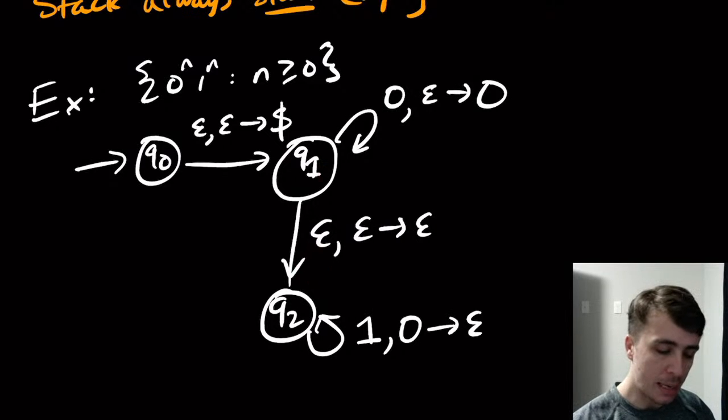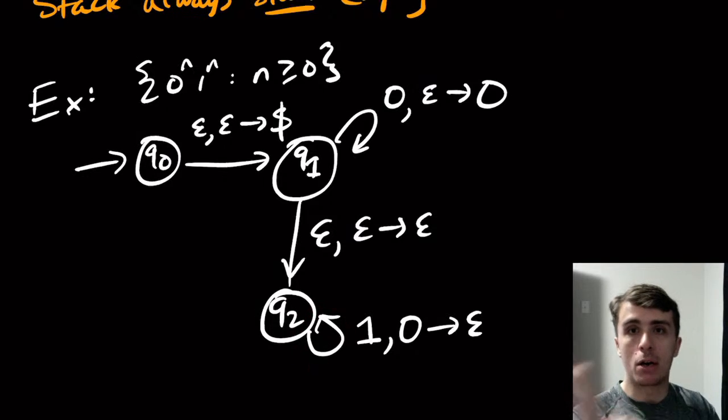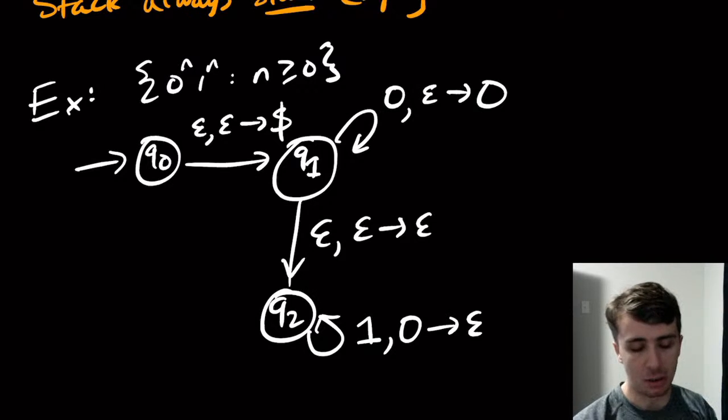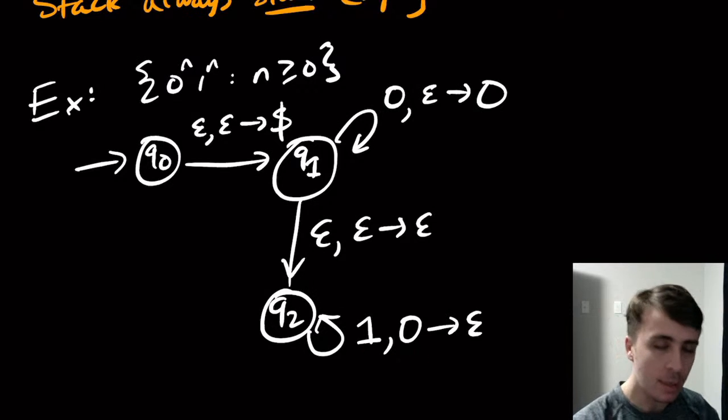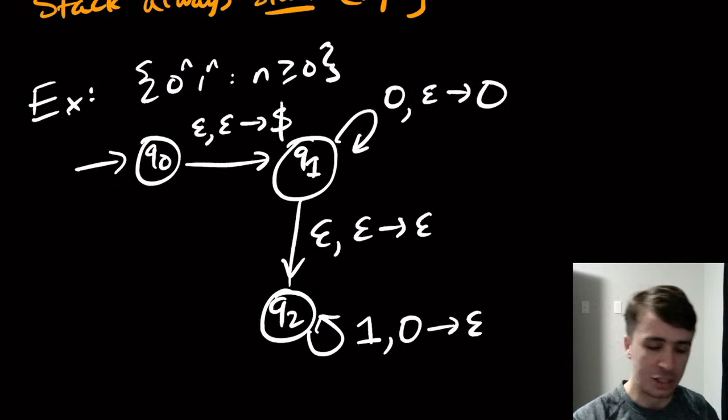So why is this good? It's good because if we put zeros on the stack, and non-deterministically come down here, because these things are non-deterministic, just like context-free grammars are, then whenever I see a 1, I better match it with the corresponding 0, which is what I'm doing here. And if everything matches up, then there must be nothing on the stack other than that $ symbol.